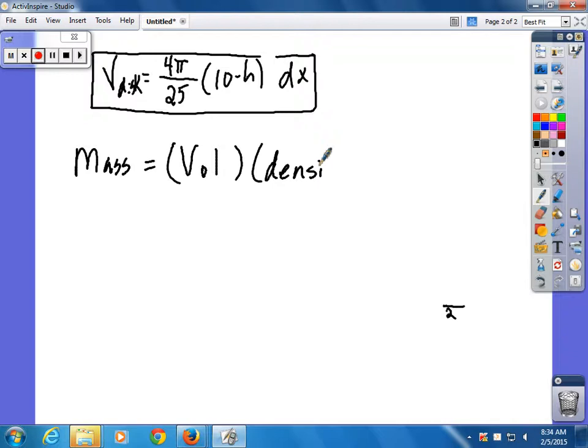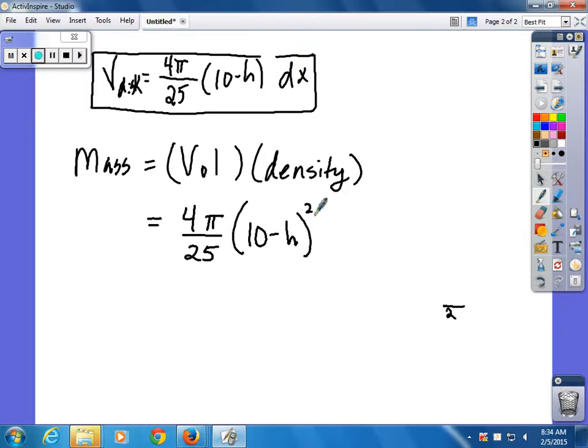In other words, that plunger, you got to think of it as being filled with water or being part of the water. So that's going to be equal to this 4 pi over 25 times 10 minus h quantity squared times 1,000 dx.